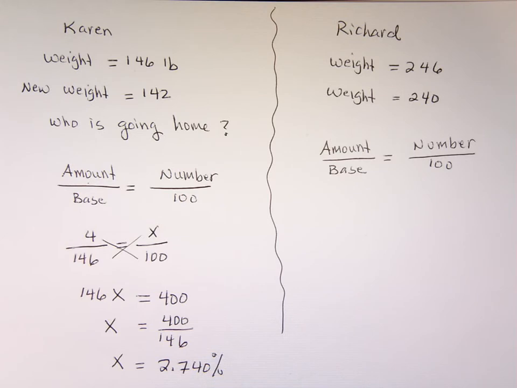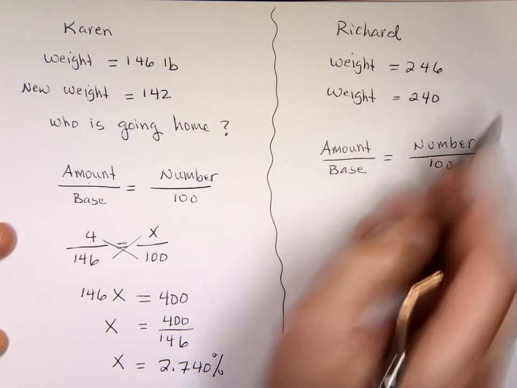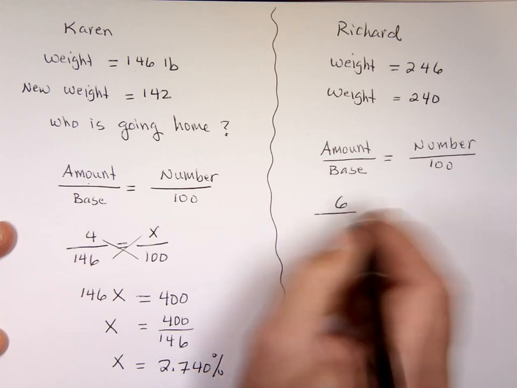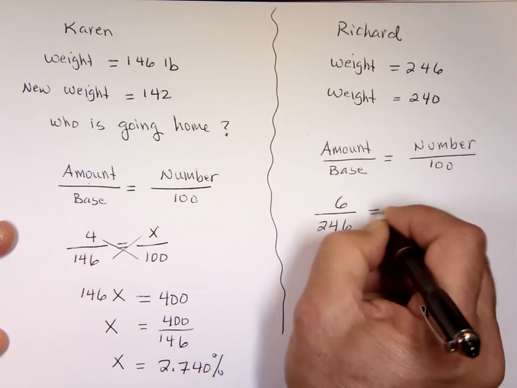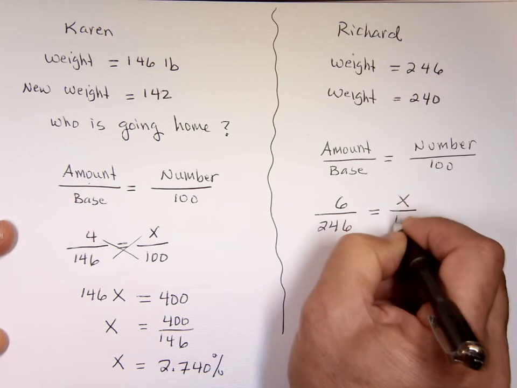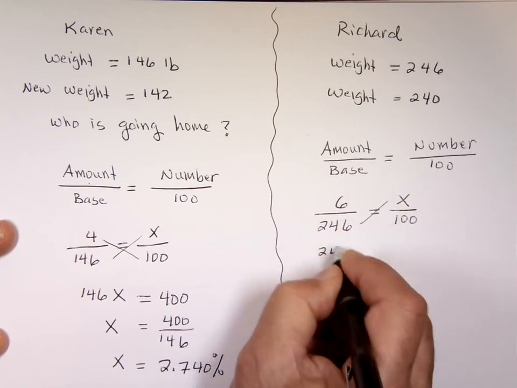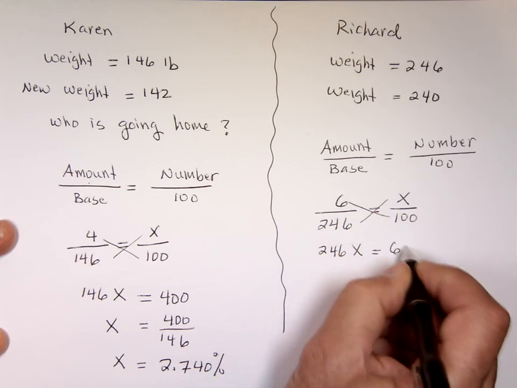Let's look at Rick. How many pounds did he lose? 246 minus 240, which is what? 6. What was the base for him? 246 equals the percent over 100. 246x equals what? 600.